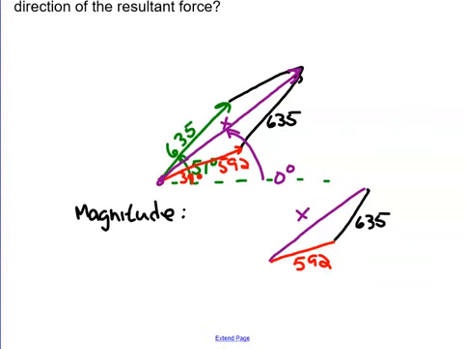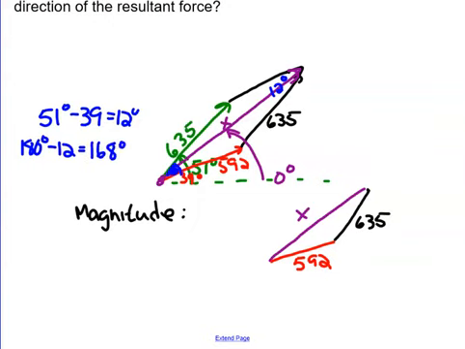Well, I know the green is 51, and if I minus 39, I'm left with 12 degrees. So basically this angle here is 12, right? This is 12, same here. This is 12 degrees. So 180 minus 12 is going to be 168. So this is 168. This is 168.